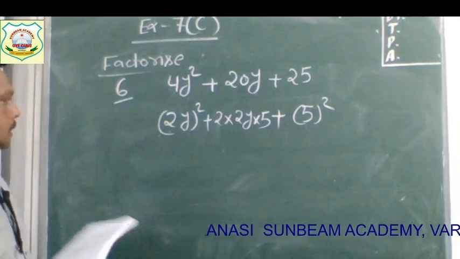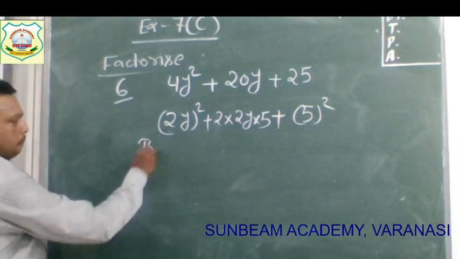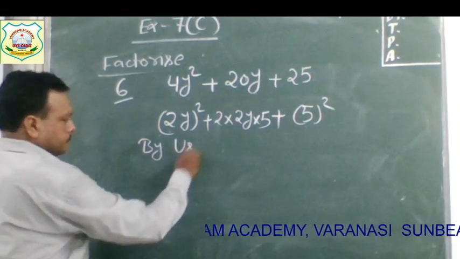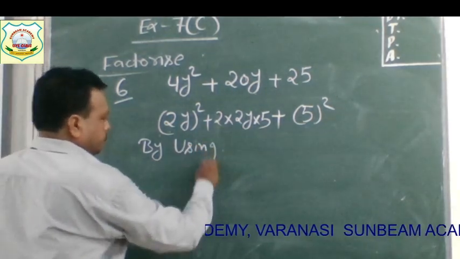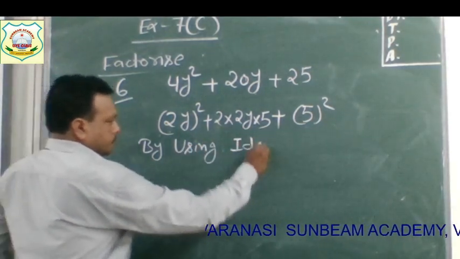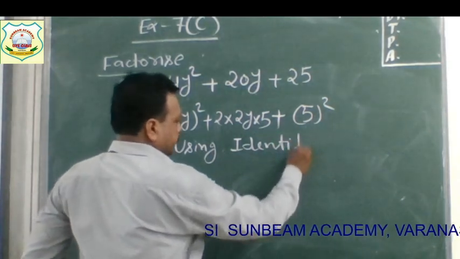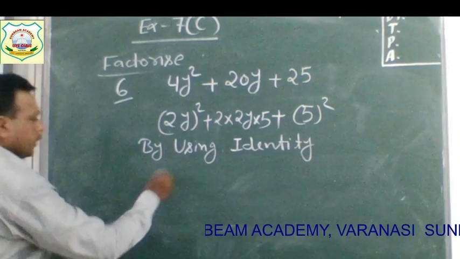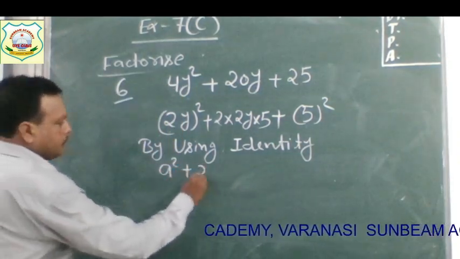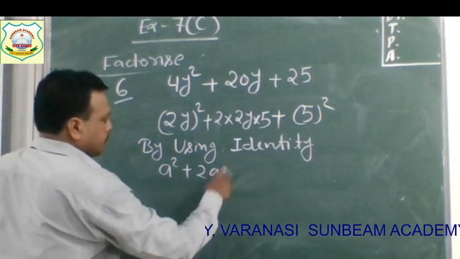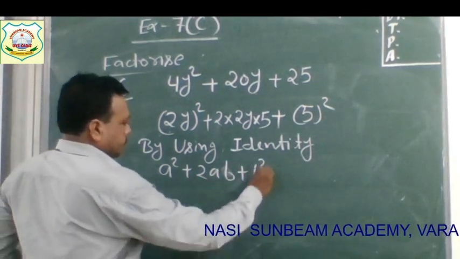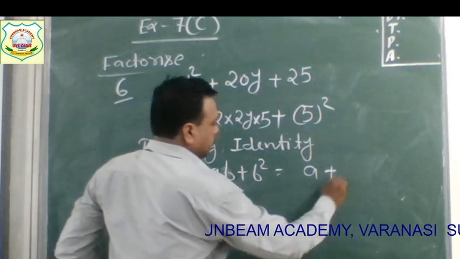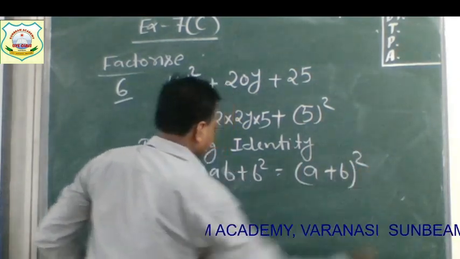Clear students? Now the same identity we will use: a square plus 2ab plus b square is a plus b whole square.